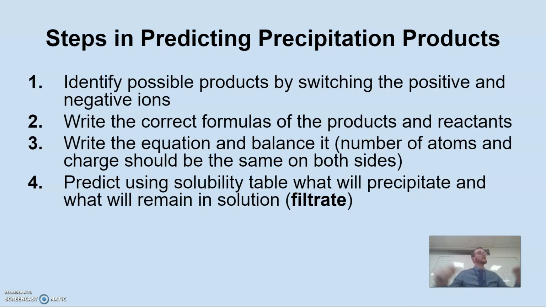Steps in predicting. Identify the possible products by switching the positive and negative ions. Write the formulas, write the equation and balance it, and then predict using the solubility table. So identify possible products, write the formulas, write the equation, and then make a prediction using the table.